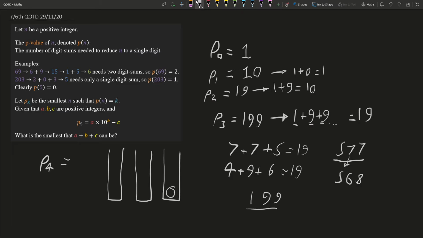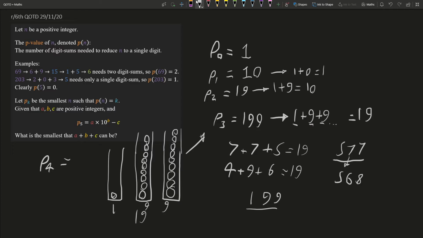Let's say we have 19 balls to distribute, and so we have 5, 6, 7, 8, 9. Yes, this is definitely big enough. We have 1, 2, 3, 4, 5, 6, 7, 9, and we have 1. And this is our 19 balls, and this is how we got our p3, which is 1, 9, 9.